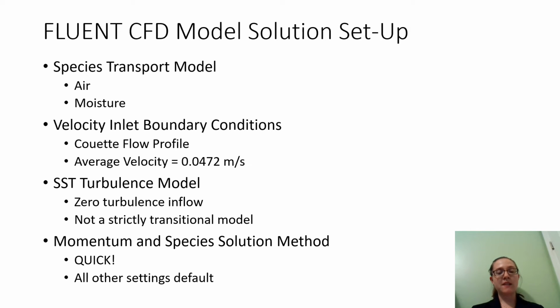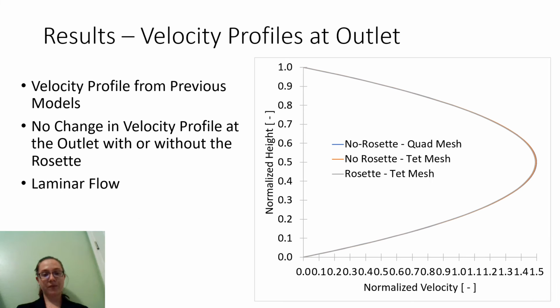We used an SST turbulence model with 0 turbulence inflow, and this was created to be a not strictly transitional model in order to eliminate any of the effects of induced turbulence from the flow just traveling down the channel, in order to be able to isolate and determine what turbulence was actually being created by the rosette itself. Then in our solution method, for momentum and species, we used the QUICK solution method setting, and all other settings in the model were the default settings.